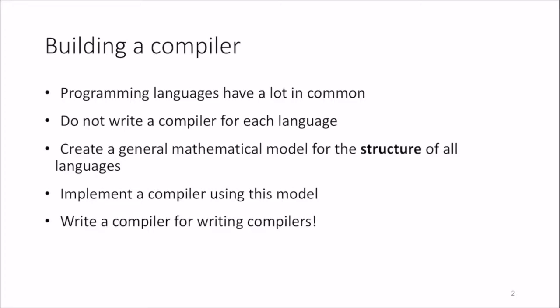Essentially what we're doing is creating a new kind of programming language, and this programming language is built for writing compilers. So essentially we're writing a compiler that will help us write compilers. So again, it's this sort of meta-level reasoning that we've been hitting on throughout this series of introductory lectures.